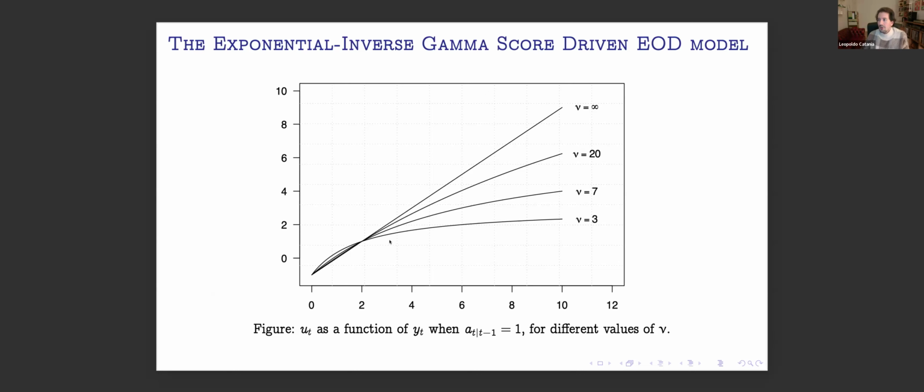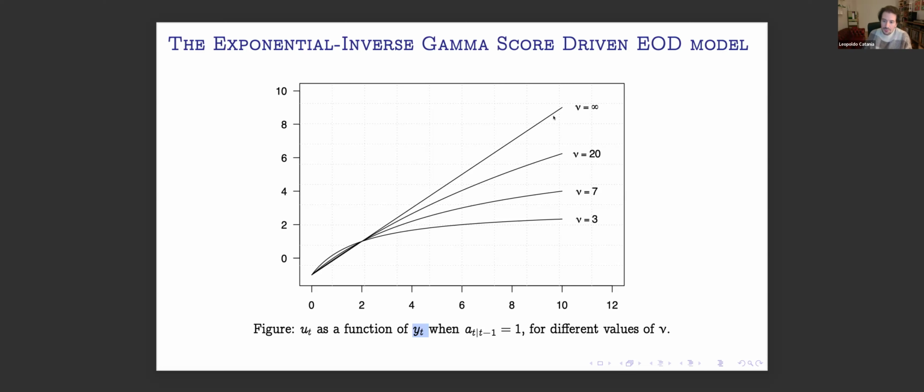And this is the response of the prediction at t+1 given t to a new value of y_t. And you see that when this new parameter is equal to infinity, then the response is linear, and this is the exponential autoregressive conditional duration model of Engle and Russell.